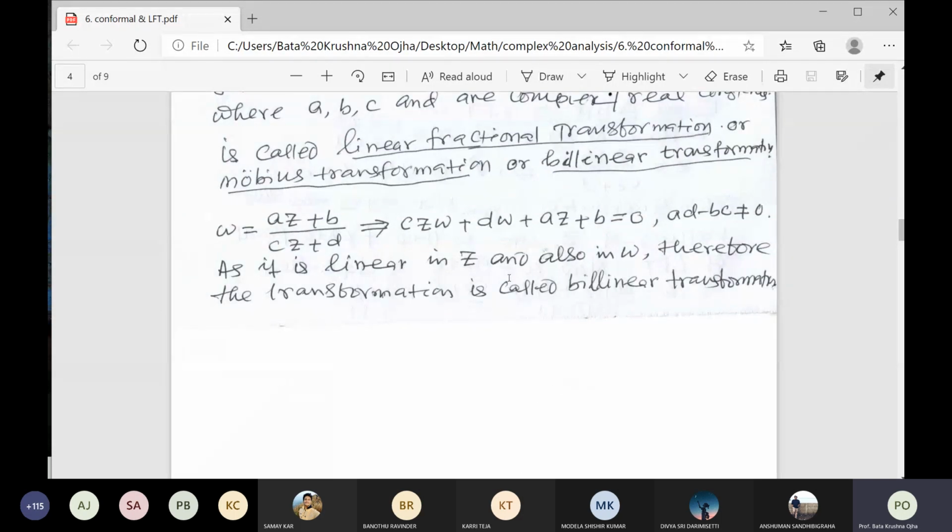I don't understand bilinear because... So it is bilinear because it is linear in z and in w also.